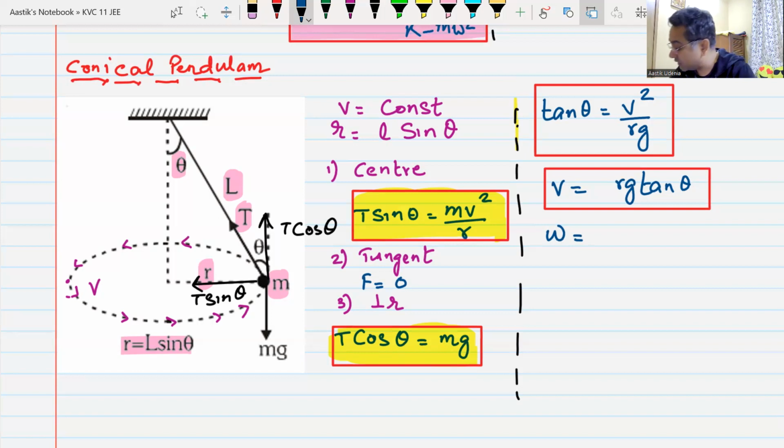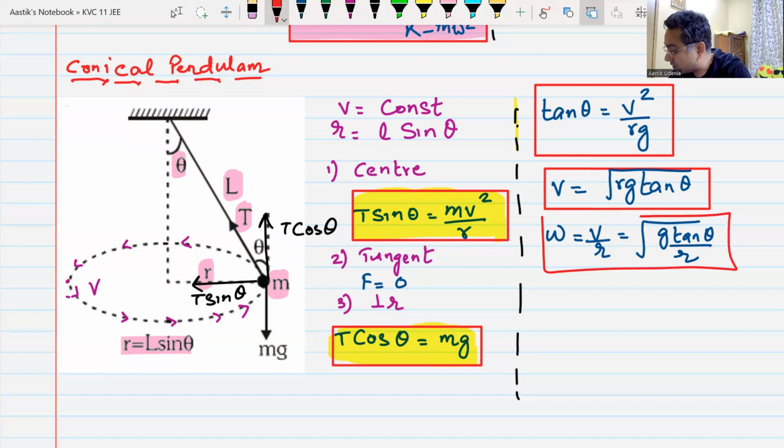No one knows it? Okay. That will be V by R. So if I calculate V by R, I can get this answer. Sorry, I did not write the root here. Root over rg tan theta. So if I find out the angular velocity, I will get the angular velocity as root over g tan theta by r. Please note it down.